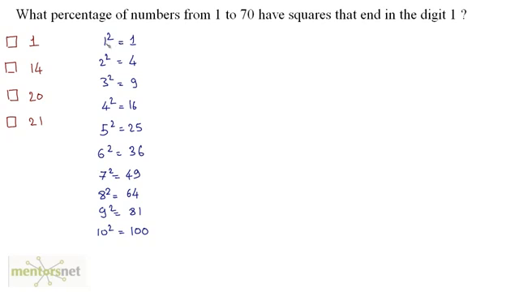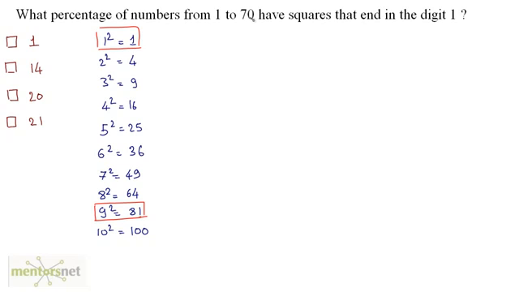So how many numbers from 1 to 10 have their squares that end with digit 1? So we have 1 square as 1, which ends with the digit 1, and we have 9 square is equal to 81, which ends with 1. So from 1 to 10 I have two numbers who have their squares with 1 as their units place.